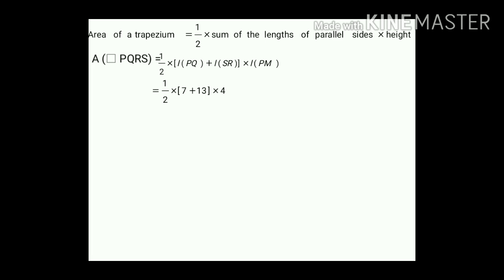Now first of all we will add 7 plus 13. We get, children, 20. Half into 20 into 4. Now we divide, children, 2 and 20. We get 10. 10 into 4 we get 40 square centimeter. The final statement, children: area of quadrilateral PQRS is 40 square centimeter.